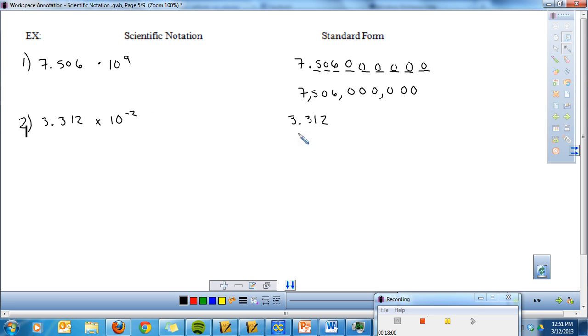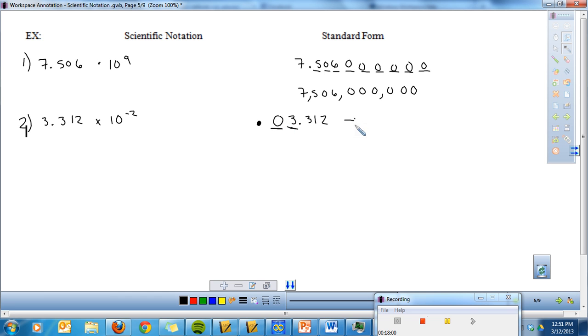And since it's negative, I also know I'm going to move to the left. So I'm going to need to count out 2 spots to the left of my decimal. 1, 2. Now, this is a number less than 1, so our new decimal is going to go right here. Any spot that doesn't have anything in it is going to be a 0.